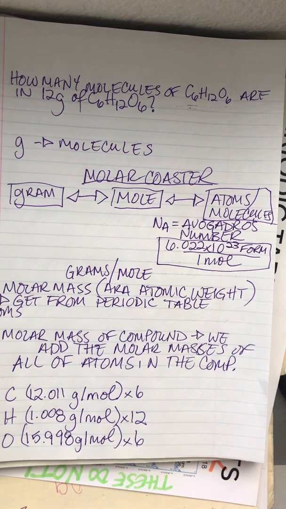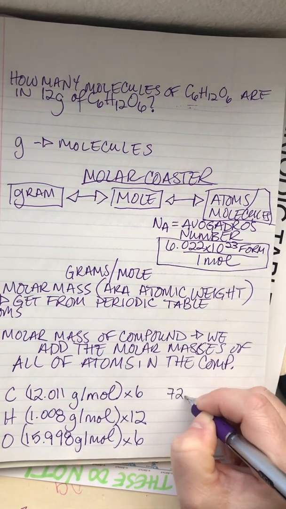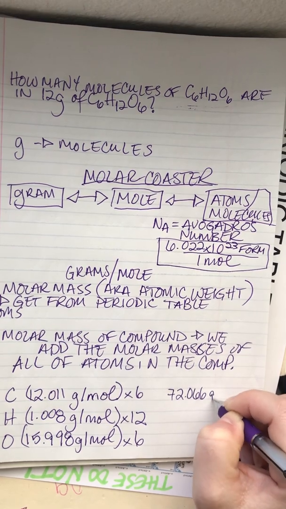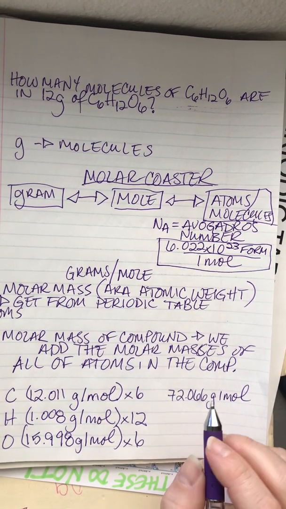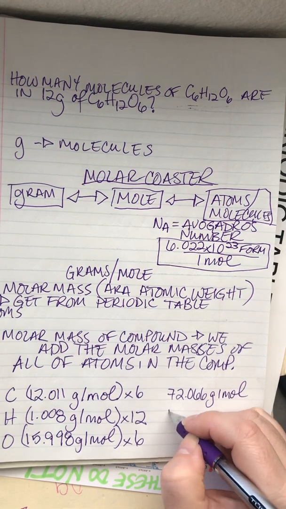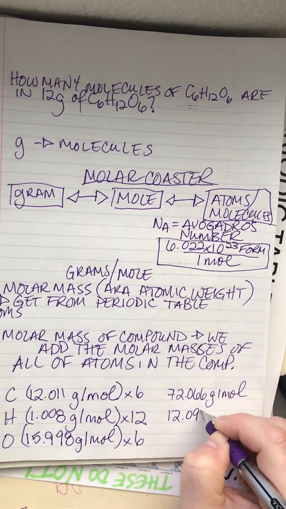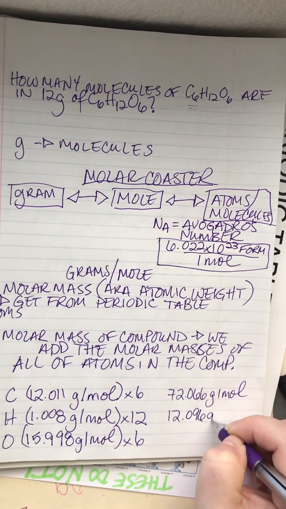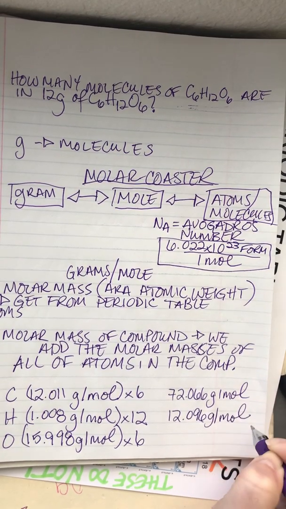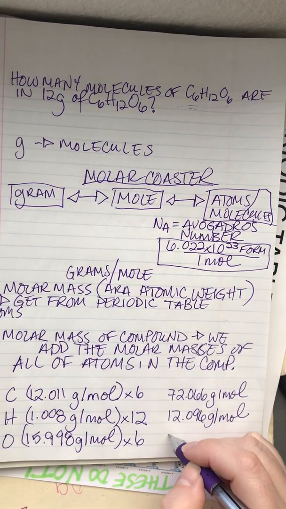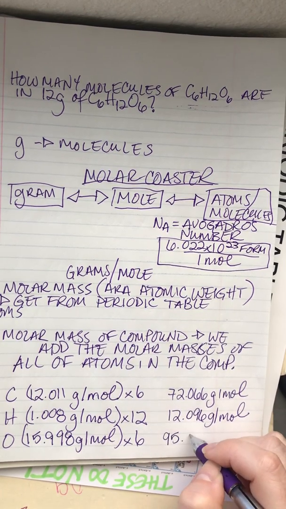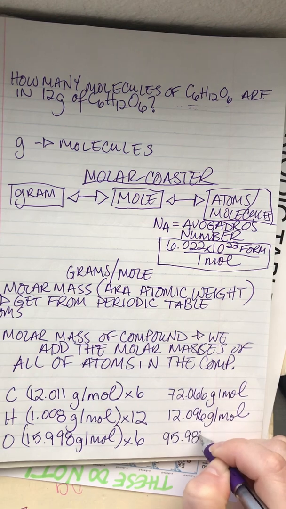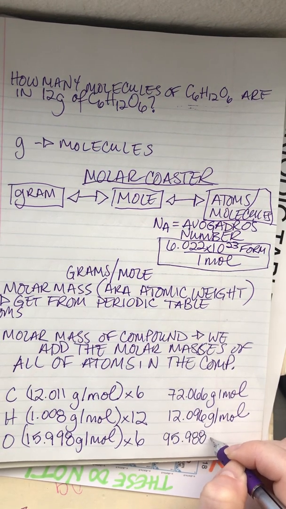So carbon is 72.066. Hydrogen is 12.096. And oxygen is 95.988.